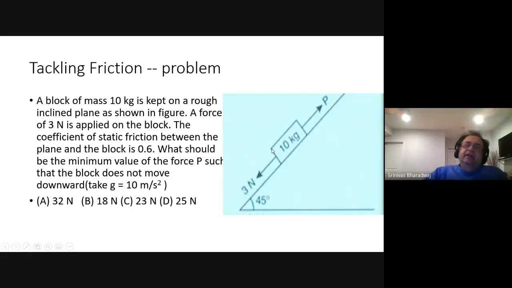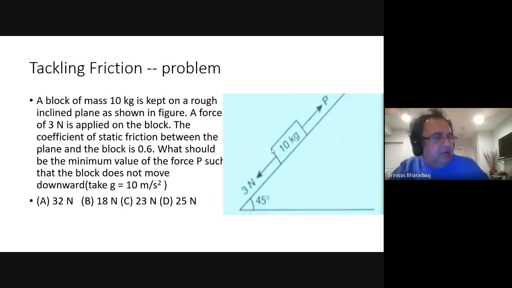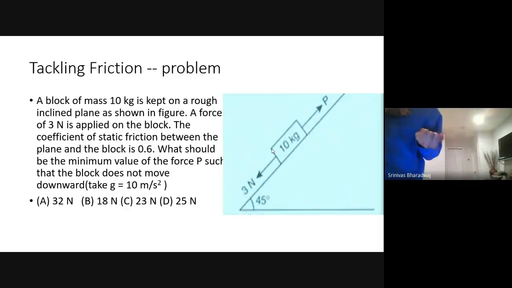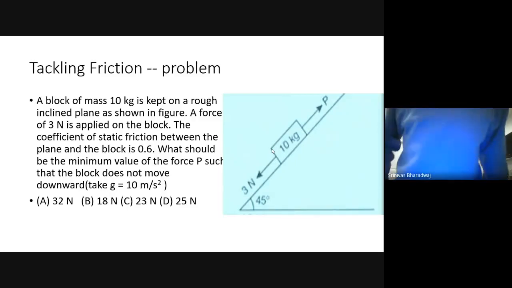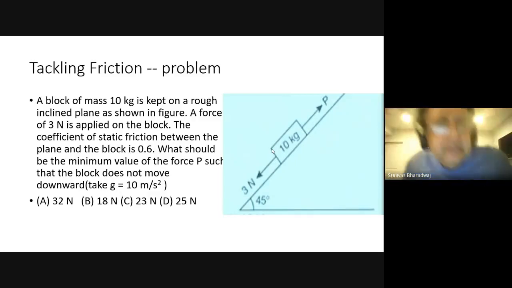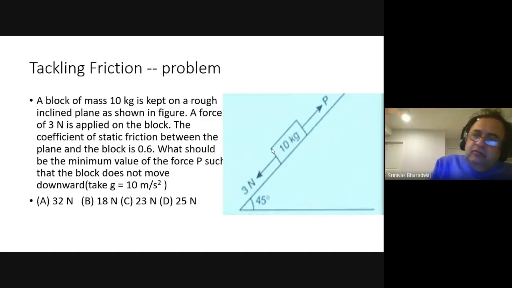But you're holding on to it so that it does not go. It's like one guy standing there, making sure it doesn't fall, it doesn't move. Because he makes sure that it doesn't move, the friction is in this direction, and it is exactly 0.6 times N, right?